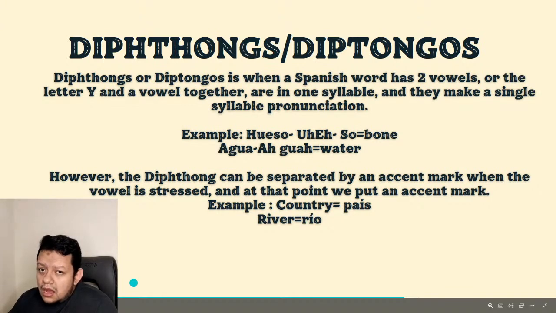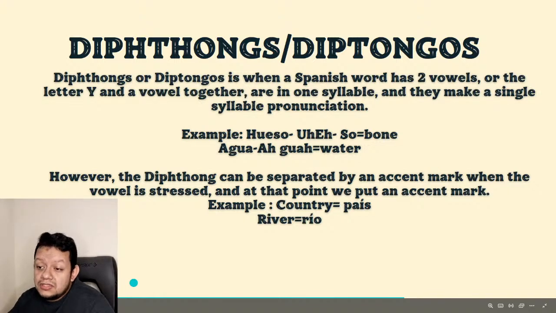Duo. Now in Spanish and English, that's I think the same thing. It's like a duo, like two people together or two things together. Duo, río, país, día.